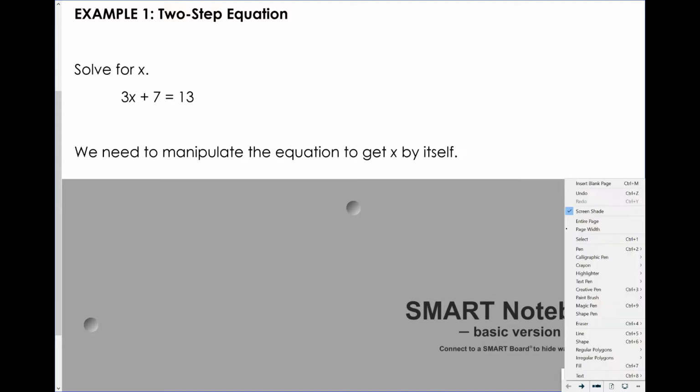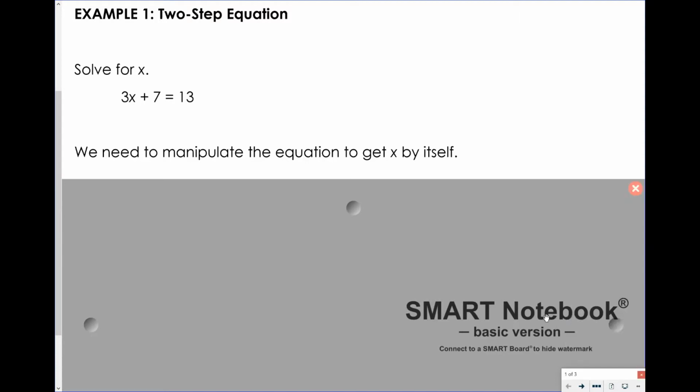So let me highlight that for you guys. Actually, I'm going to circle it. And you guys know I always use blue because that's my favorite color. We need to manipulate the equation to get x by itself. That is our main goal, is to get x by itself.